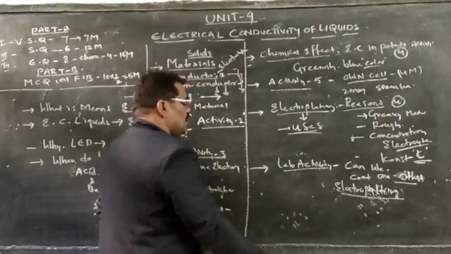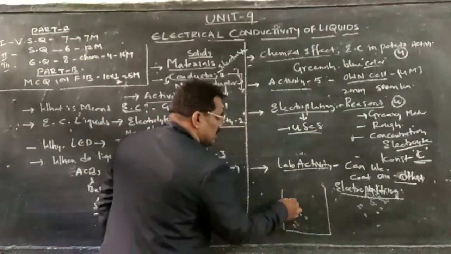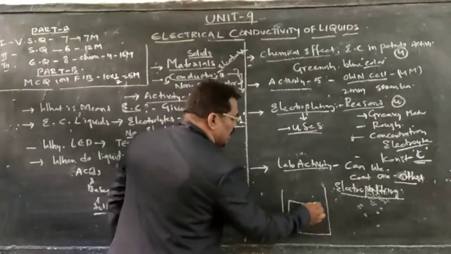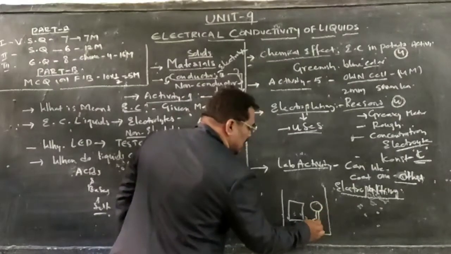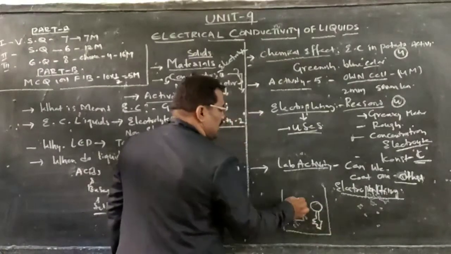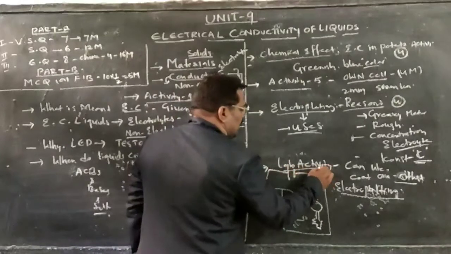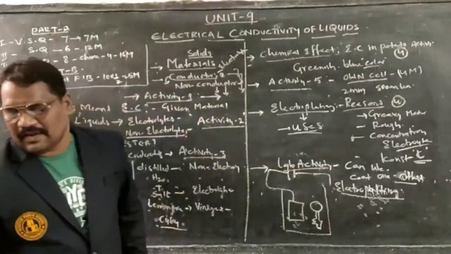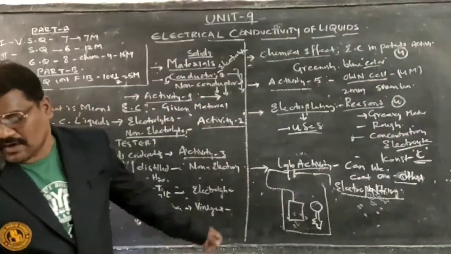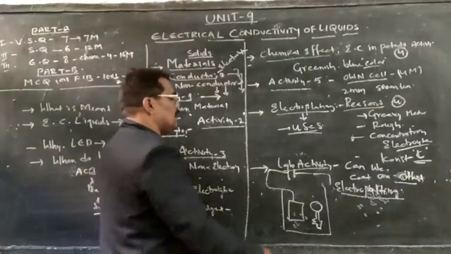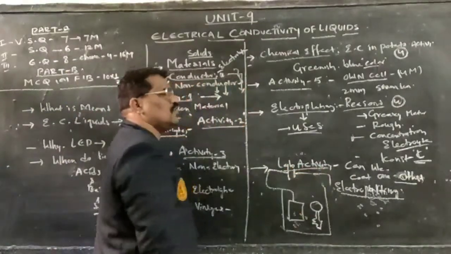To do this, we have taken a beaker. Within that beaker, I have taken a copper plate as well as a key. The activity I have explained: connecting by means of conducting wire, connecting to a tap key as well as a battery, and switching on the key.